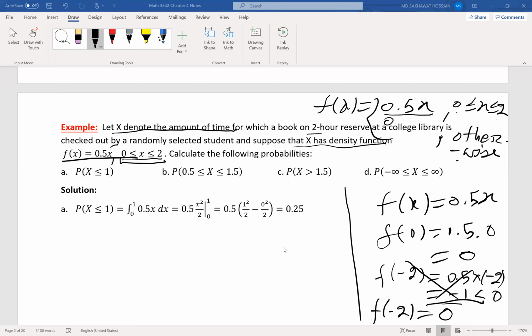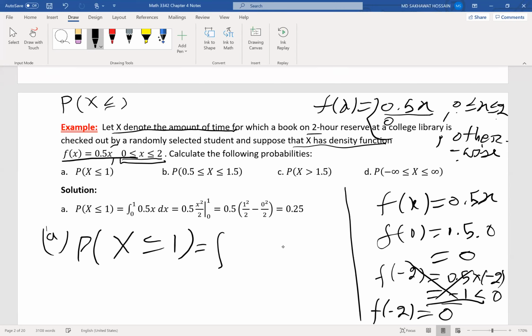So how can you calculate this probability? Part A is the probability x less than or equal to 1. Okay, so the definition of the probability for a continuous random variable is that the probability of X less than or equal to x is always the integral from negative infinity to x of f of x dx.